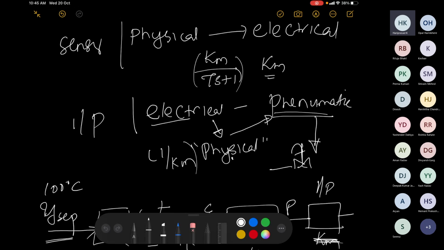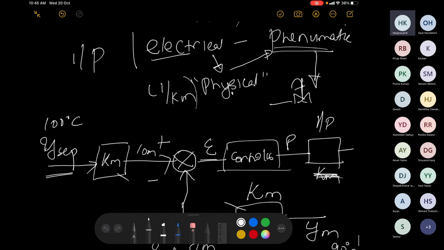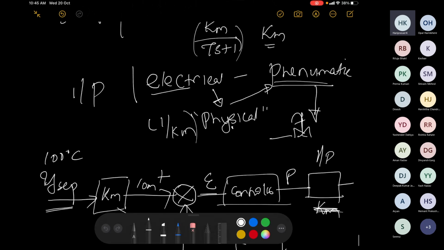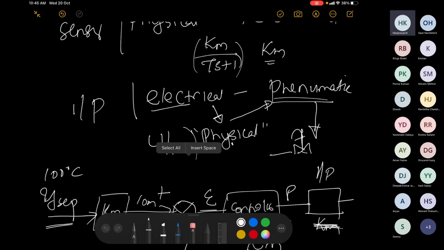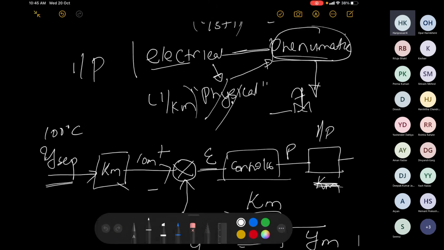If it was the case, this should have been 1 by Km, not Km, because whatever forward transformation you have done, you have to take an inverse. But this is not what we are doing. You are doing a third transformation, electrical to pneumatic. So this tends to be a very different transfer function. This could be some KIP or something. Is that clear? Yes, sir. Earlier I missed that pneumatic thing.